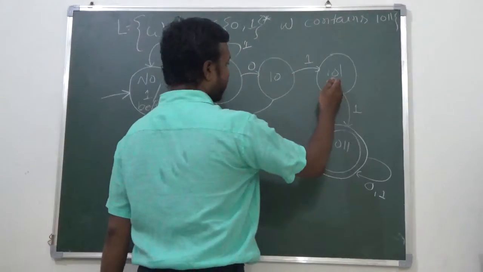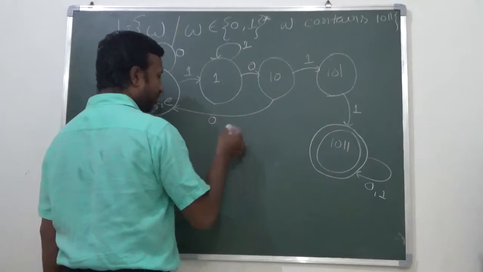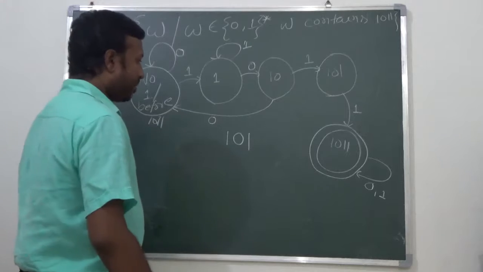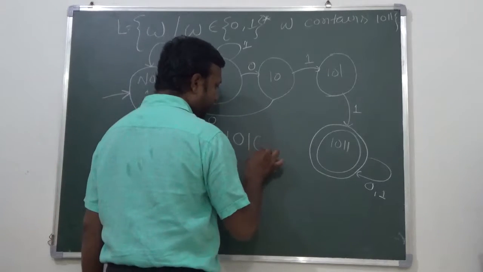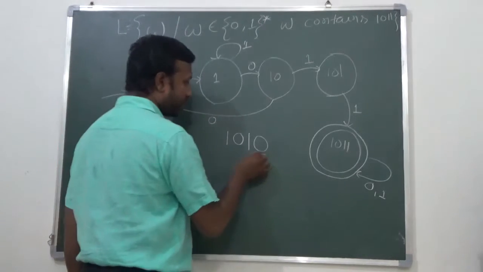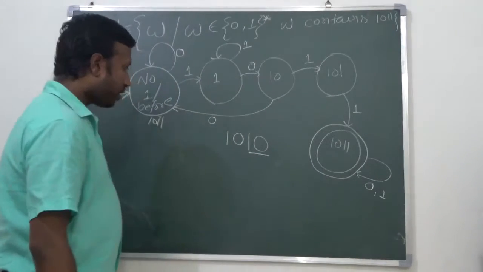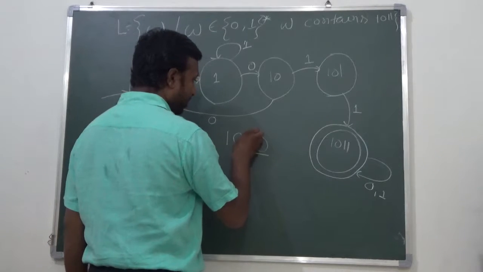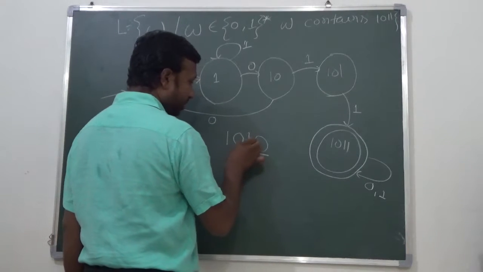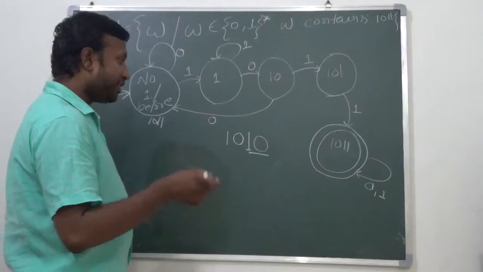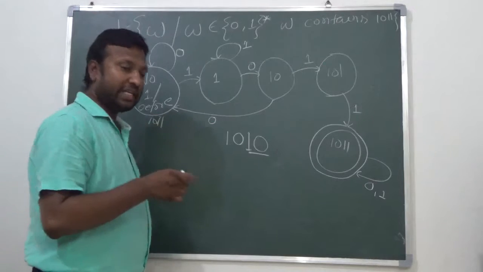Now come to this state. Here the machine is claiming that it has seen 101. But if the machine is seeing 1010, in this case, what will happen? Even though the machine is losing the pattern, it is not losing the pattern completely.